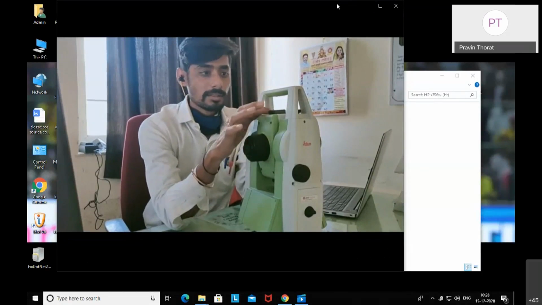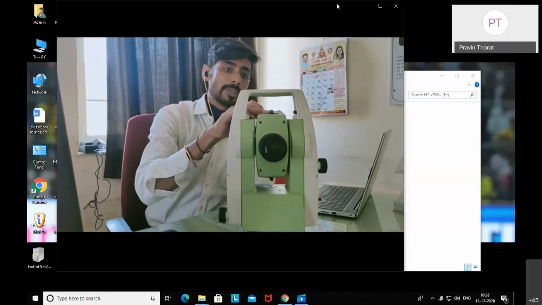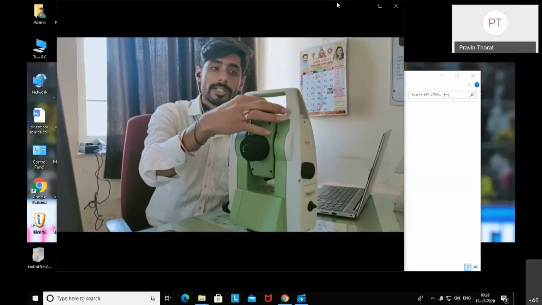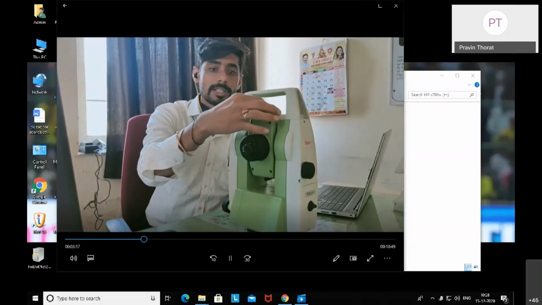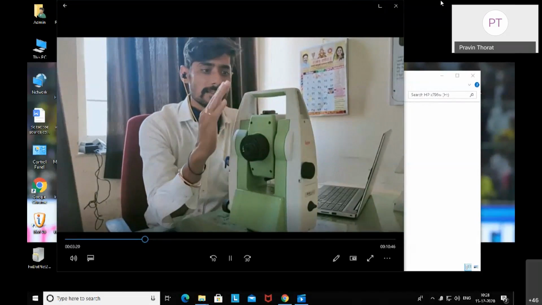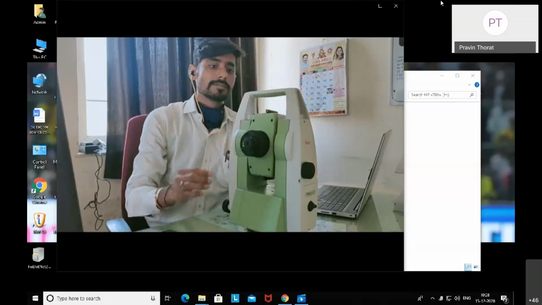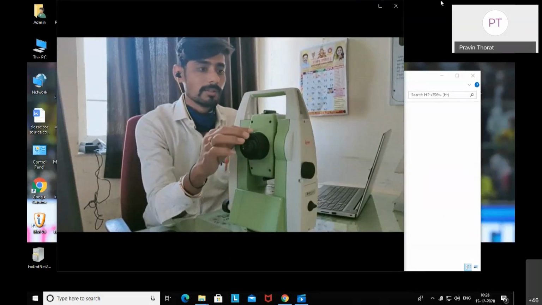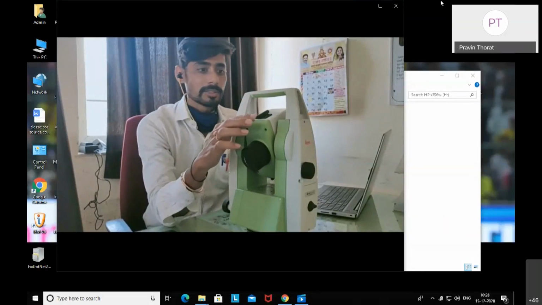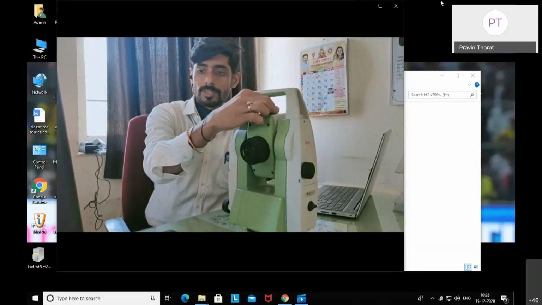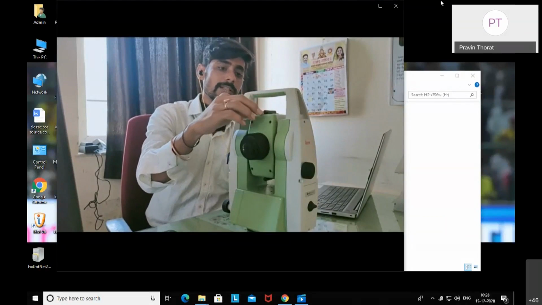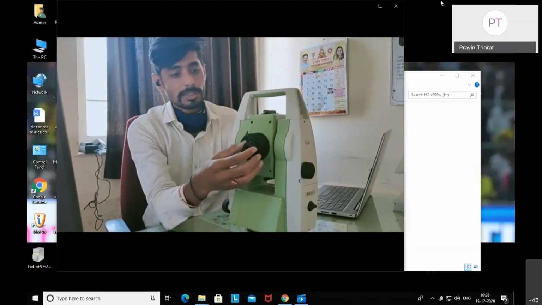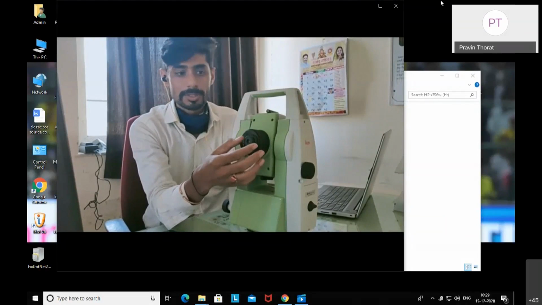Then a temporary or approximate bisecting knob is provided at the upper side of the telescope for bisecting the object. For perfect bisection we always use the telescope, but for approximate bisection we use this knob. This is the bisecting knob provided at the top side of the telescope. This is the information about the telescope, eyepiece and object glass.